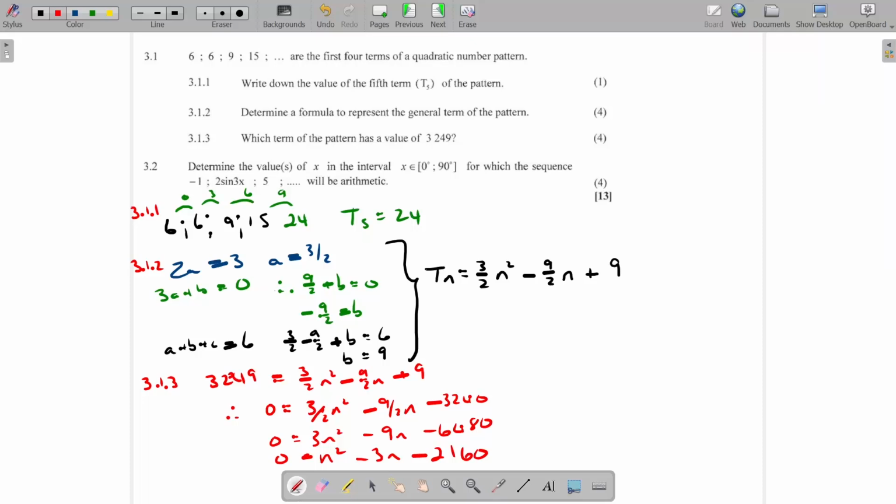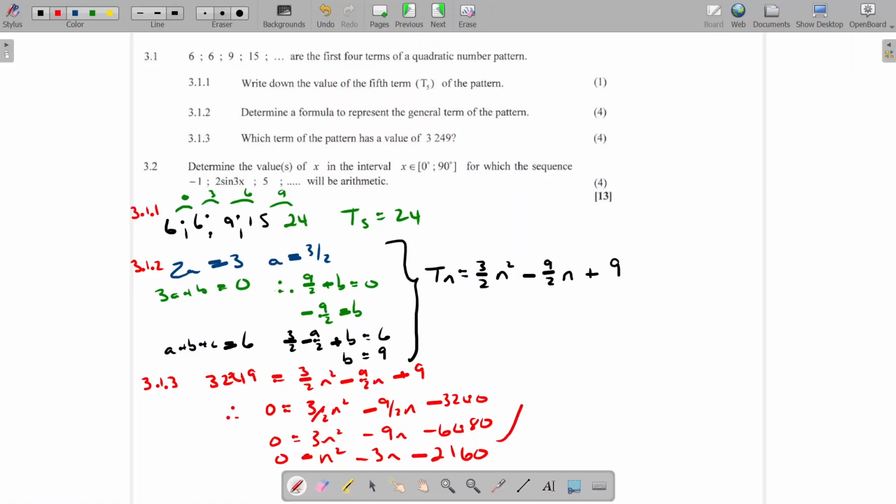I can now either use the quadratic formula or factorize it. Because of this n at the back end here, we know that one result will be positive and one result will be negative. And again, we know that n has to be a positive whole number. So when we plug it in, quickly grabbing my calculator here, we get answers of 48 and minus 45.